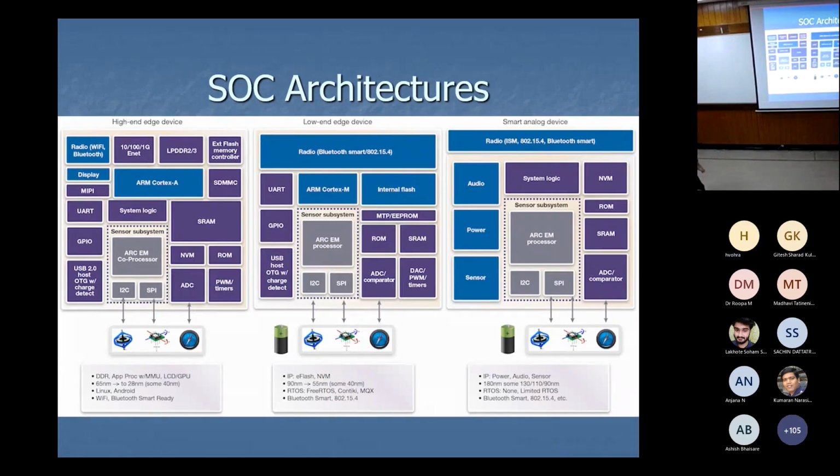So you can see the various IoT flavors here. IoT Edge has a different architecture, IoT Consumer has a different architecture, and at the cloud interface you have a different architecture. Even in IoT, you need specific requirements for specific use cases or applications. Application specific system on chip is what is required today.